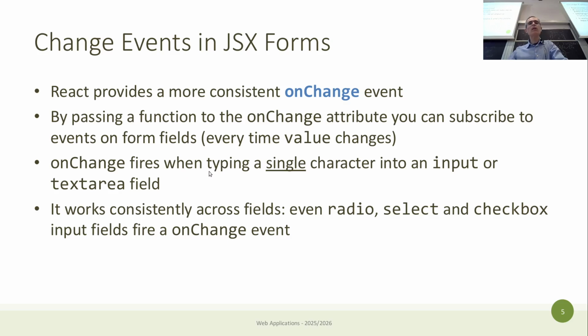So if the user types a single character into an input or textarea field, the onChange event fires. It means it's activated, so the callback is put into the callback queue. The callback is executed. Typically, it does something very simple, just update a value. And it works consistently across the fields, and that's the advantage of the React events.